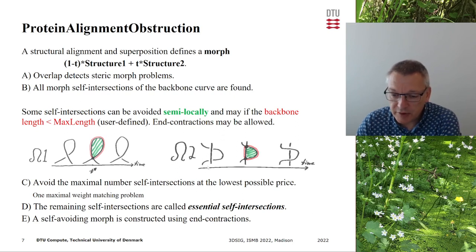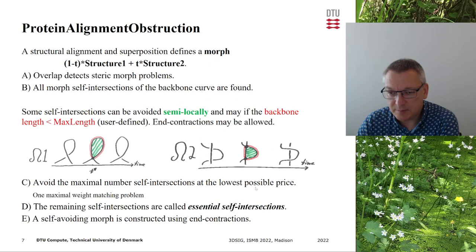We can only avoid each self-intersection once, so we need to solve the optimization problem of getting rid of as many of the self-intersections as possible, and we can actually do that in one optimization formulation where we also find the shortest path doing that.